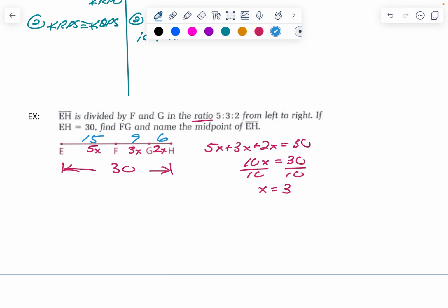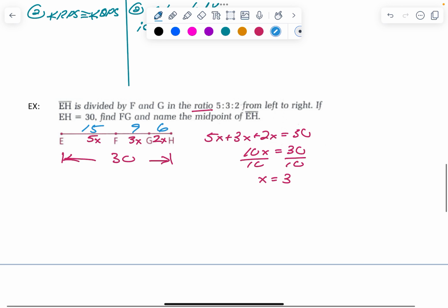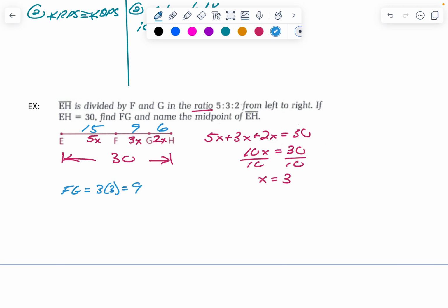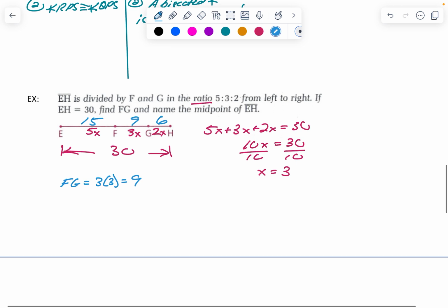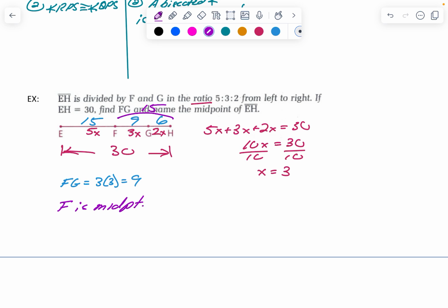And so, let's see, find FG. So we found that FG is 3 times 3 or 9. Name the midpoint of EH. Well, I think you can see these two together do equal 15, 9 plus 6. So we do know that F is the midpoint of EH. And there we go.